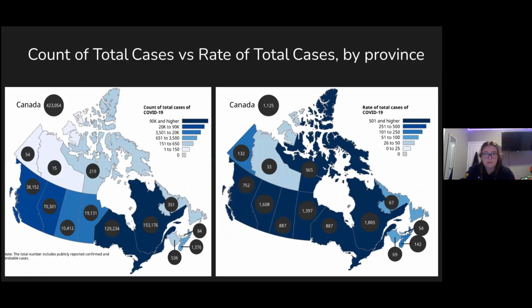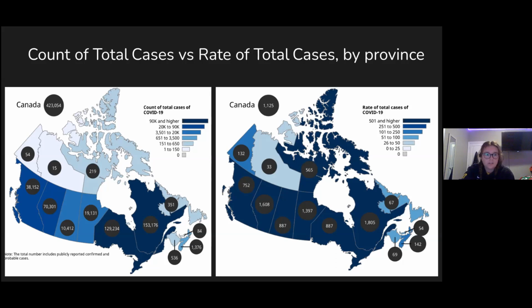So here I broke down the cases versus rate of cases by province because I'll go into it a little more in detail in the next slide, but Canada didn't enact any policies federally. They did it province by province. So it's just interesting to note here, when looking at the total cases versus the rate of cases, there's a significant difference in some provinces because they have smaller populations.